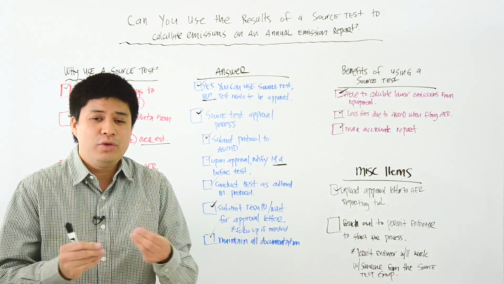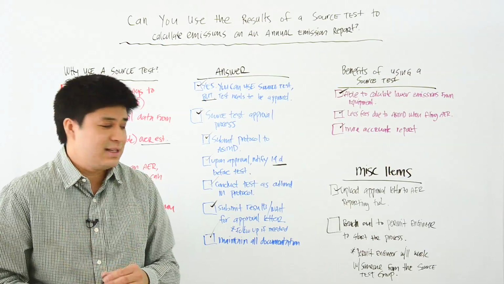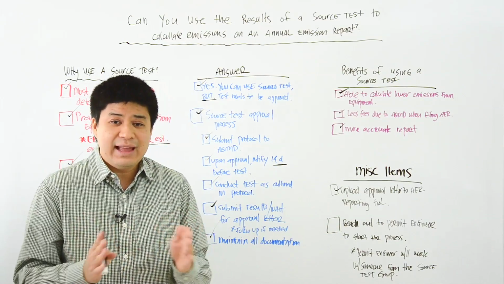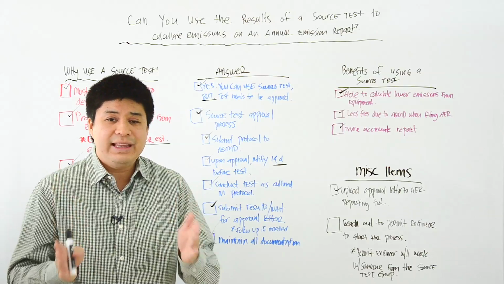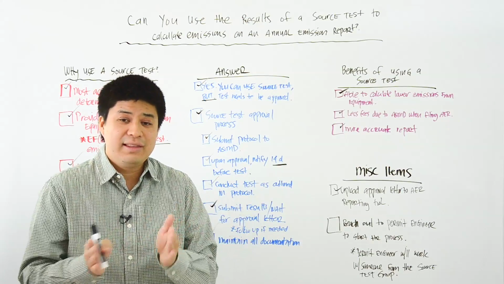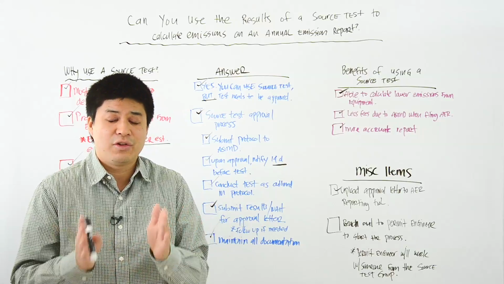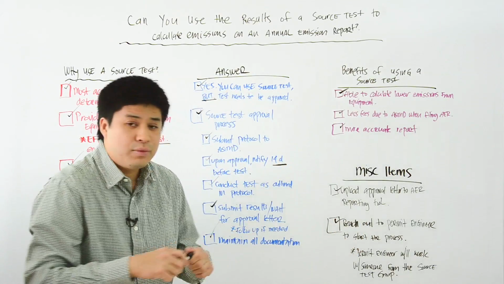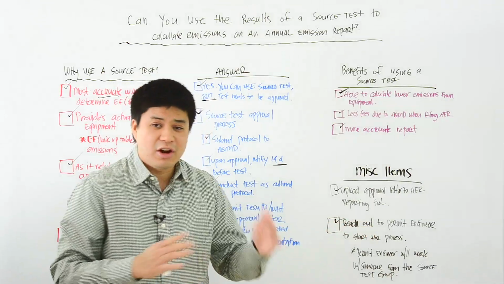Who do we ask first to start the process? Now, the best answer to that is, with anything related to the AQMD, you should be reaching out to your permit engineer as the first level or first mode of communication or initial contact. And so in this case, you want to reach out to your permit engineer to start the process.